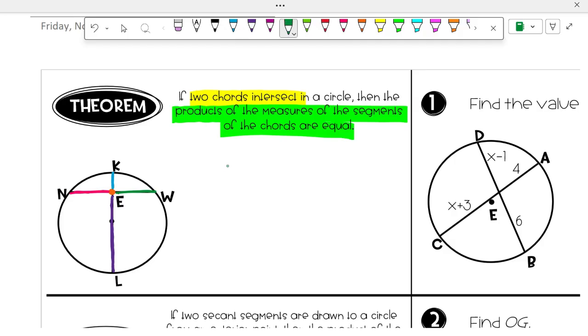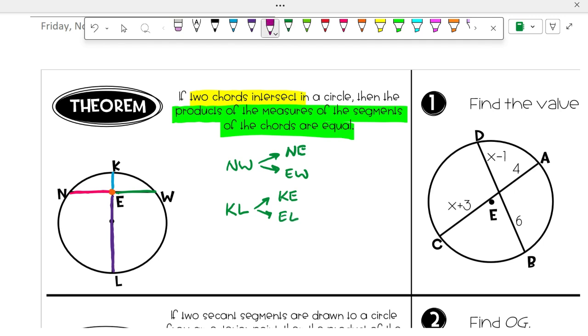So just to kind of recap, NW separates into NE and EW, and KL separates into KE and EL.